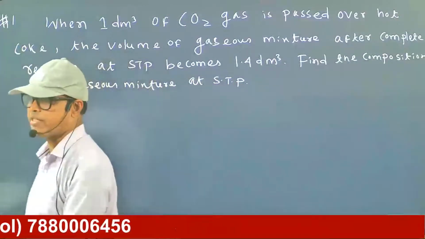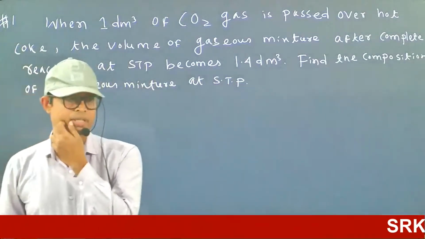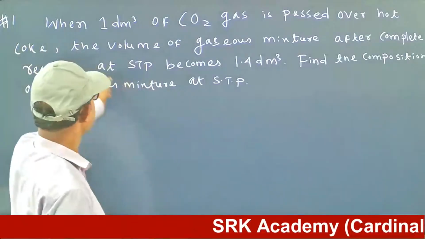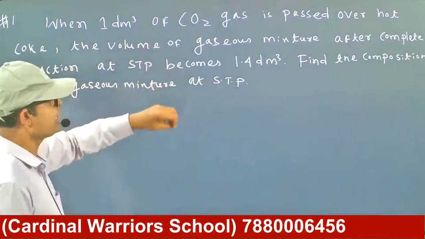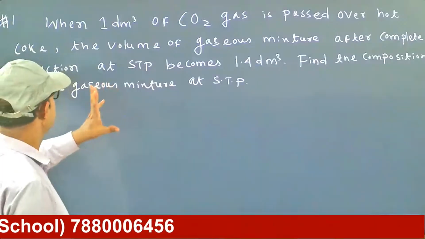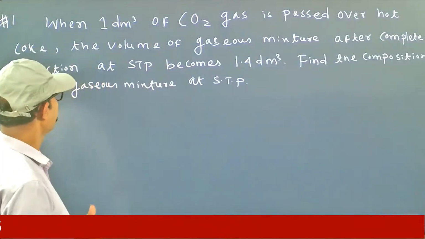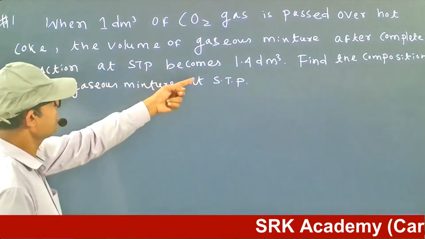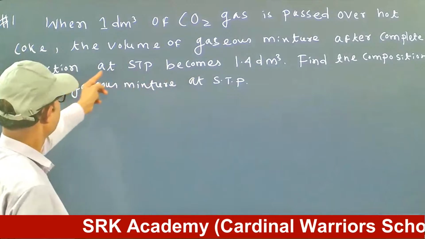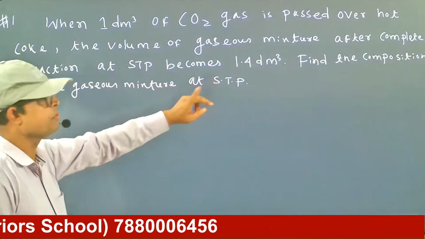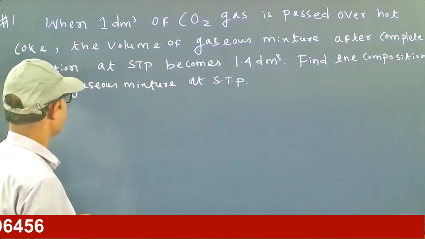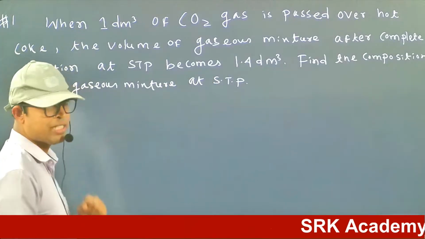Find the composition of the gaseous mixture at STP. It is clearly given that when one decimeter cube of carbon dioxide gas is passed over hot coke, the volume of the gaseous mixture after complete reaction at STP becomes 1.4 decimeter cube. Find the composition of the gaseous mixture at STP.